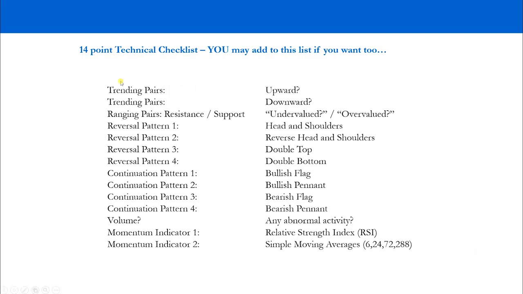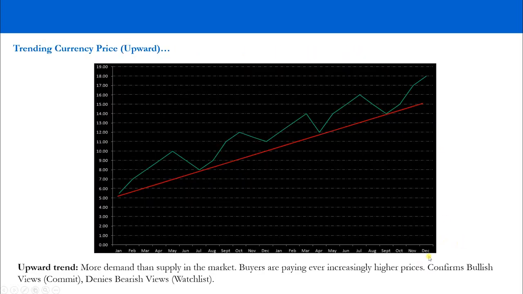So the first technical analysis indicators we're going to be looking at for timing purposes are trending pairs. And what we're seeing here, if you pull up a chart like this, is a trending currency price upwards. What we've got is more demand than supply in the market, and buyers are paying ever increasingly higher prices.